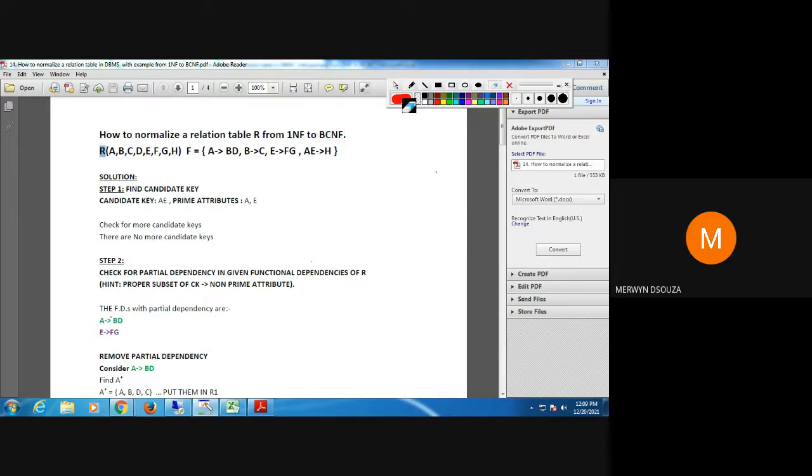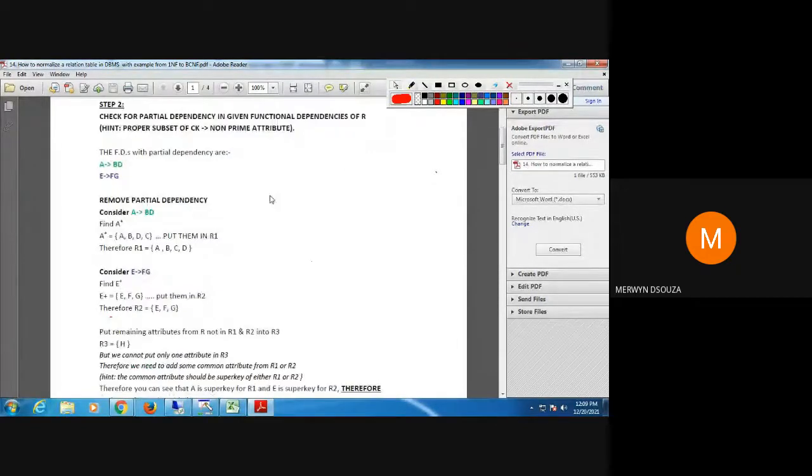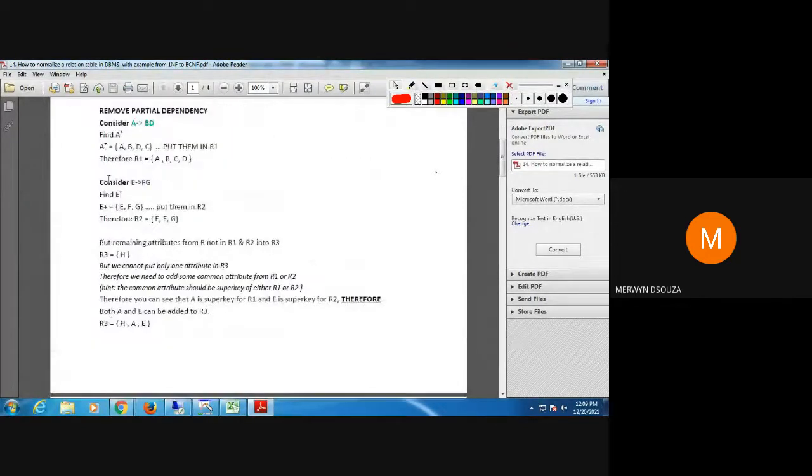R1, R2 and R3 need to have their own functional dependencies. The functional dependencies that were given in the problem were the functional dependencies of R, not of R1, R2 and R3. So we need to find new functional dependencies for those three sub relations. How we obtained R1, R2 and R3 I have already explained: we obtained them by removing the partial dependencies of R.